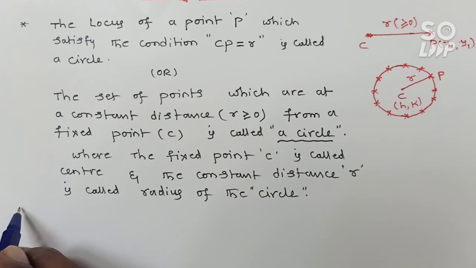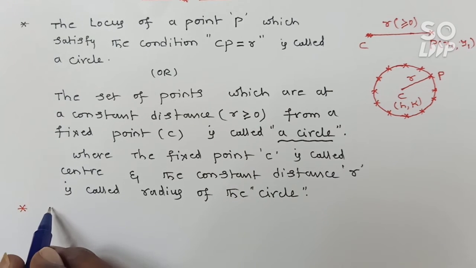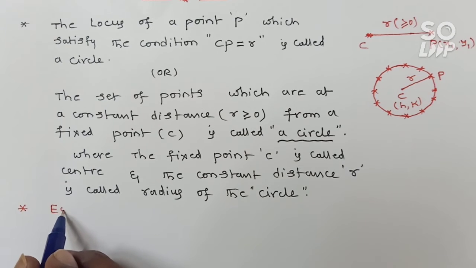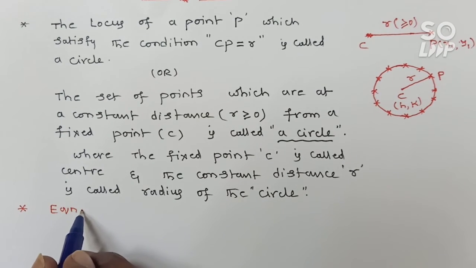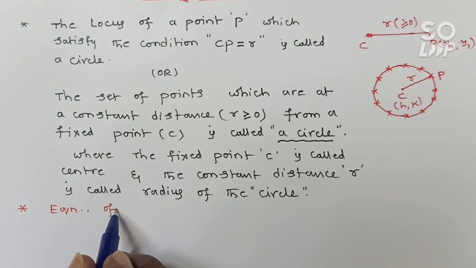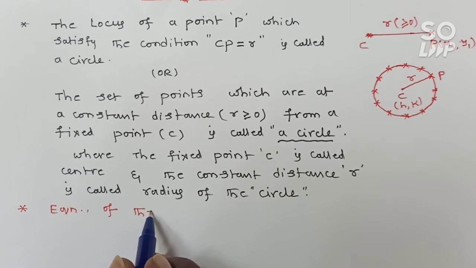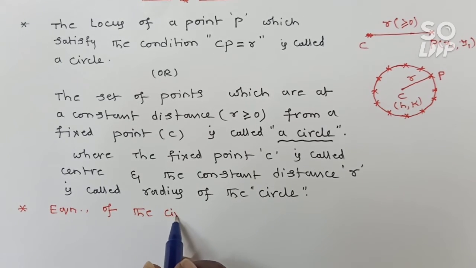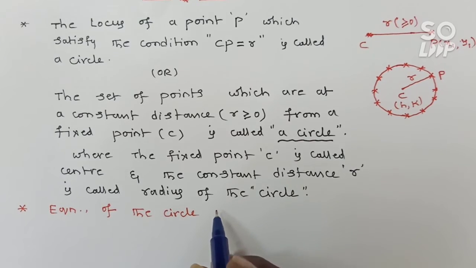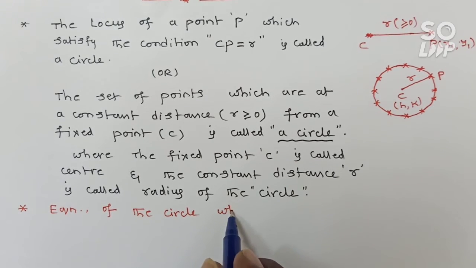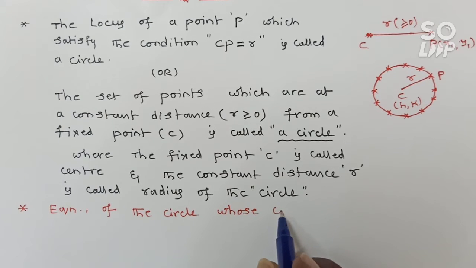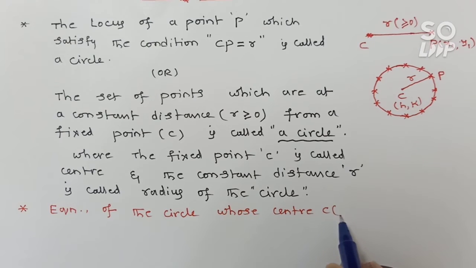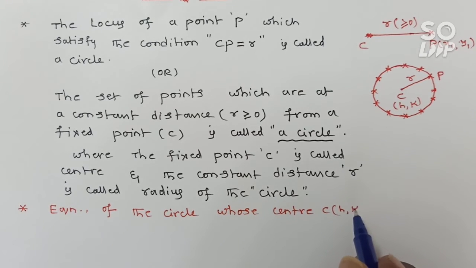Here the next one is the equation of the circle whose center C is h comma k and radius r.